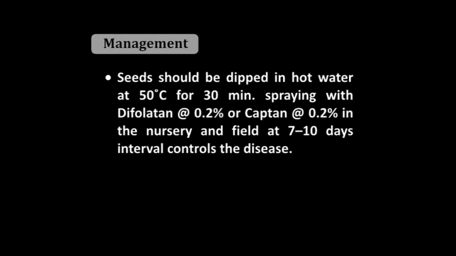Seeds should be dipped in hot water at 50 degrees centigrade for 30 minutes. Spraying with difolatan at the rate of 0.2% or Captan at the rate of 0.2% in the nursery and field at 7 to 10 days interval controls the disease.